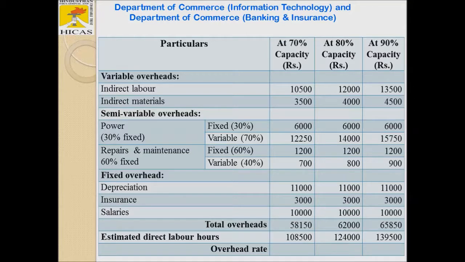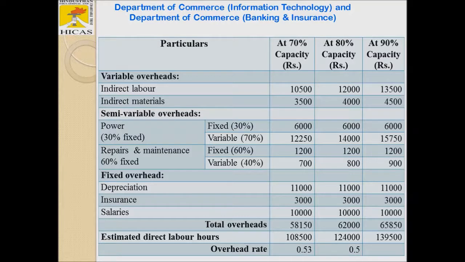Now we will calculate the overhead rate. For 80%, we spend 62,000 as our total overheads, and the estimated labor hours are 1,24,000. So 62,000 divided by 1,24,000 results in 0.5, that is 50 paise. Similarly, for 70%, 58,150 divided by 1,08,500 results in 0.53, that is 53 paise.